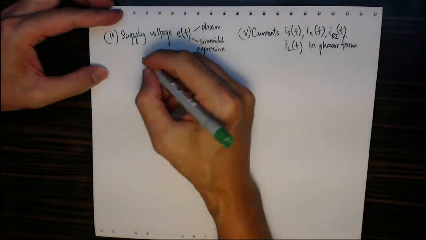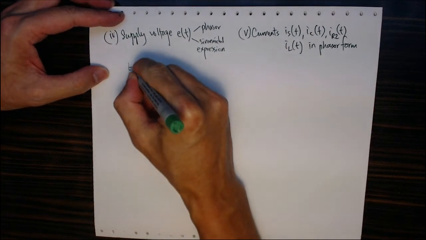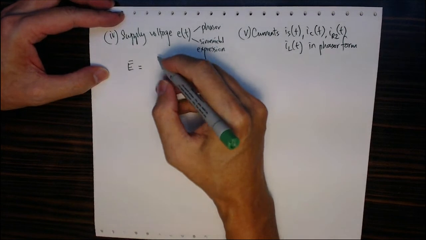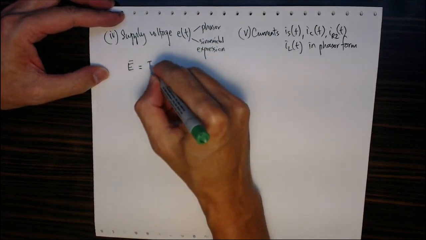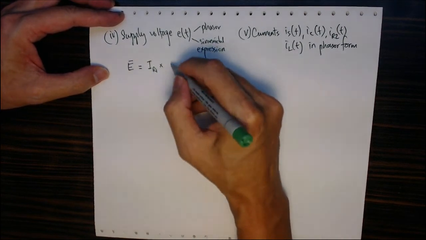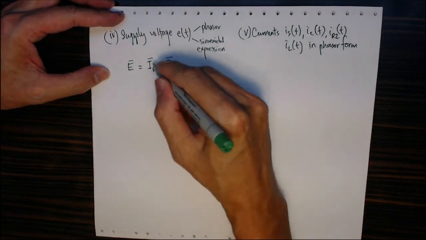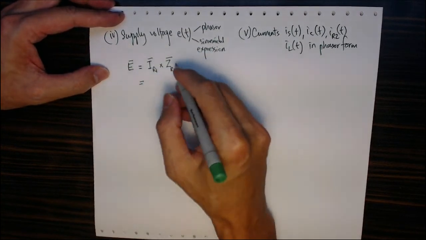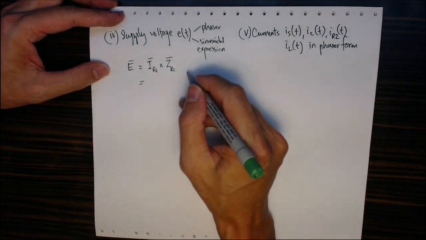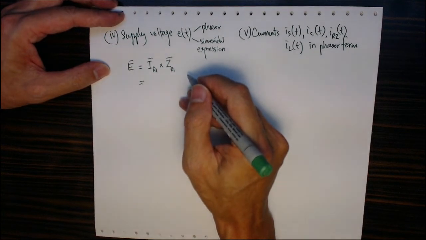Next we want to calculate the input voltage. So we use the phasor version. Phasor E is equal to, for branch circuit number 1, the current IR1 multiplied by the impedance of R1. Now IR1 can be deduced from the sinusoidal waveform.